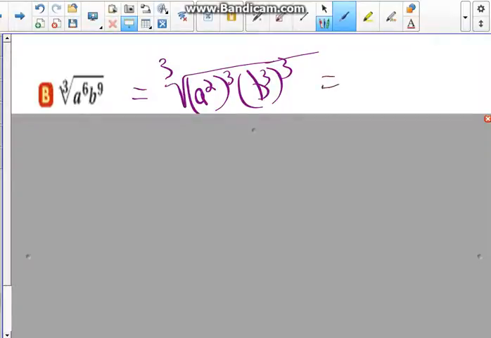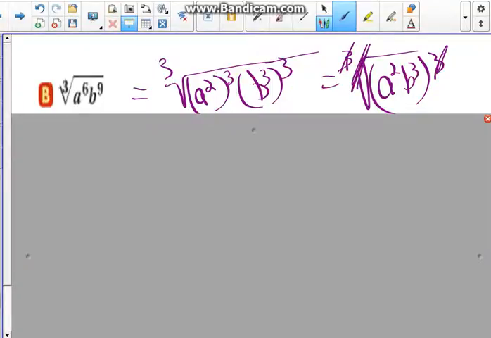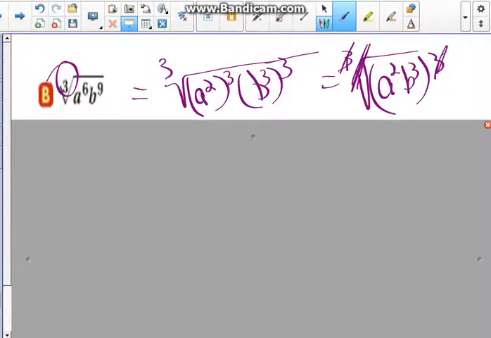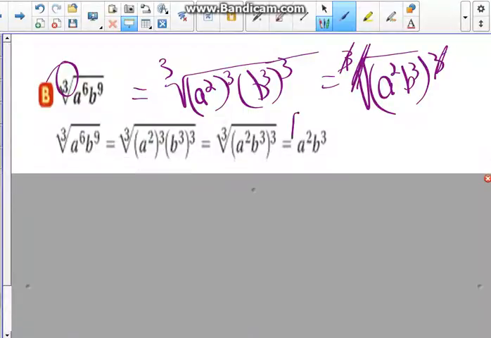Now we can rewrite that as the cubic root of a squared b cubed, cubed. And now we can clear our signs, and this was odd, so we just leave off the absolute value, and it becomes a squared b cubed. So when it's even, you add the absolute value. When it's odd, no absolute value. Just the answer.